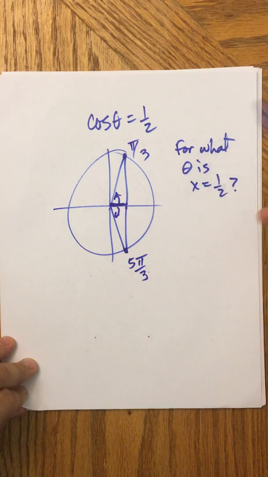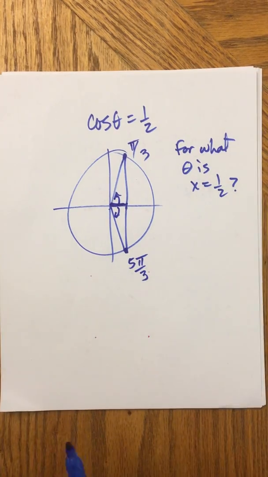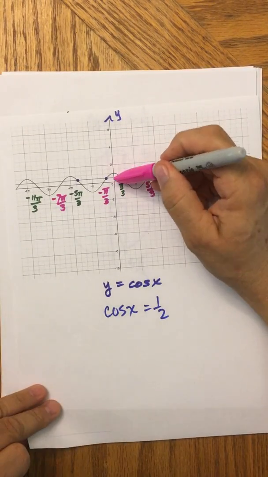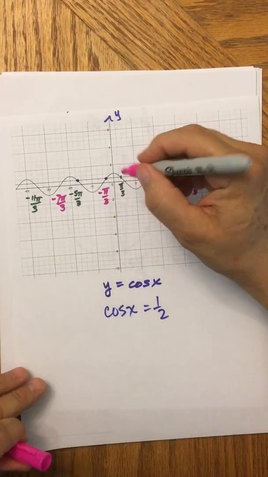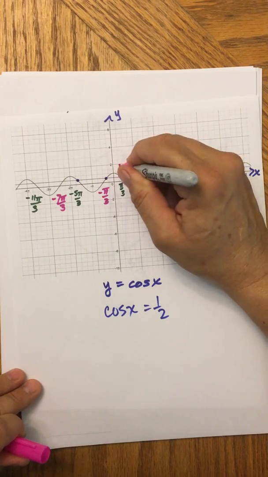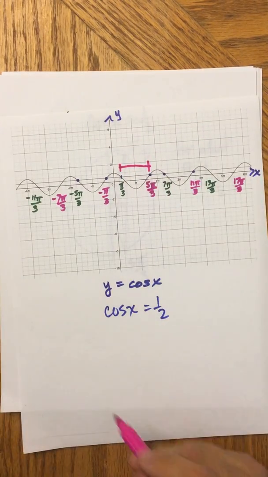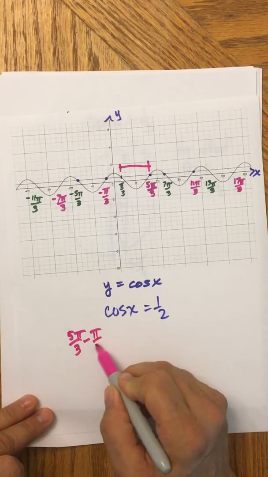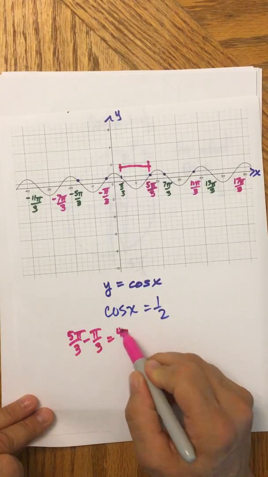Now, are these equidistant? Well, let's take a look at our graph. If I try to go from pi over 3 to 5 pi over 3, what's this distance? Well, it would be 5 pi over 3 minus pi over 3, which would be 4 pi over 3, right?